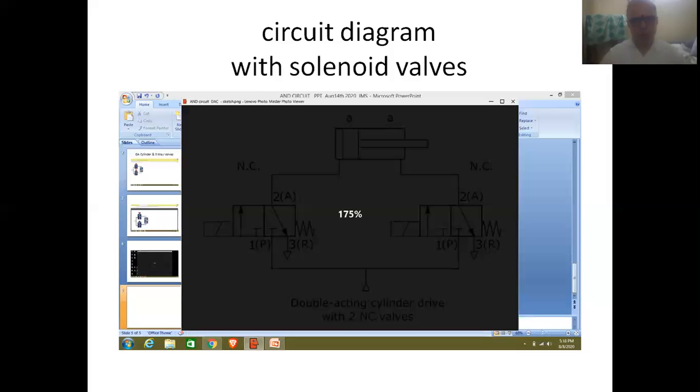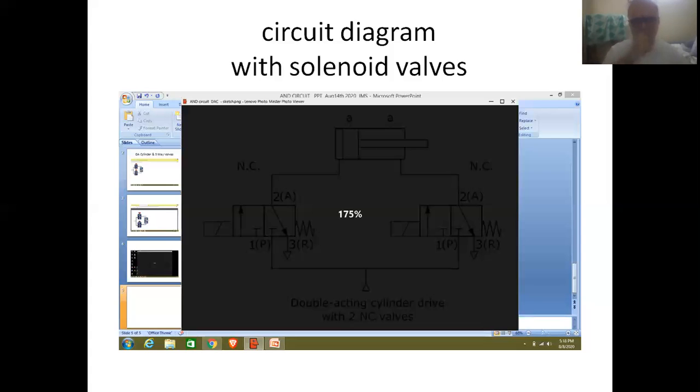So this is the general arrangement of a double acting cylinder. Now here, two DC valves are shown in the figure. Two DC valves are used for controlling the operation of a double acting cylinder.